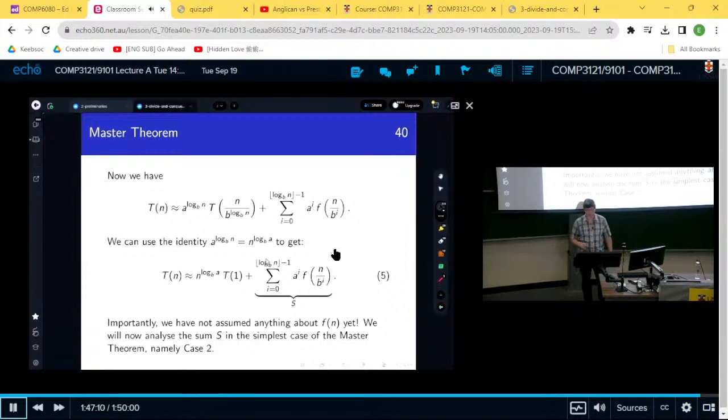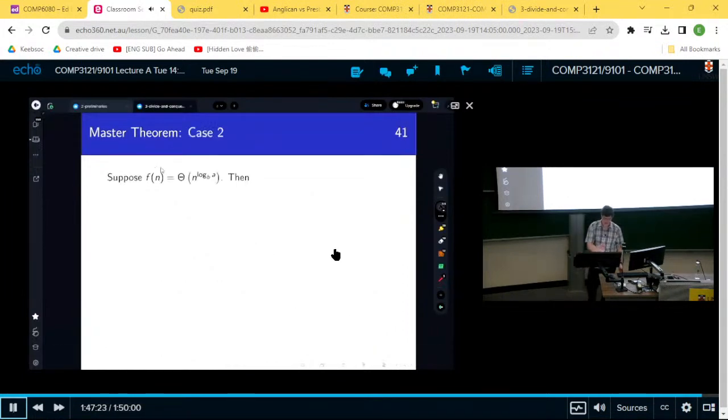Okay. So now in order to prove the master theorem, we'll be working with this expression, and the first case that we're looking at is case 2. Here we have f of n is big theta of n to the power log base b of a. Then we can look at the sum. So this is the sum again. We replace f of n divided by b to the power i by this expression.